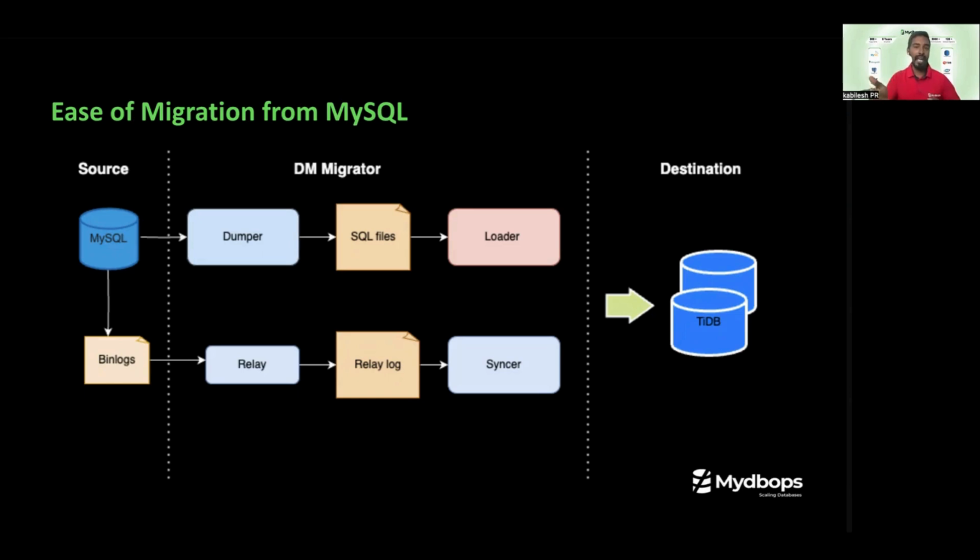TiDB can directly act as a replica for your current MySQL. TiDB provides DM, the Data Migration toolkit, which is available in open source. You can define a task. The task contains the source, your MySQL, and your destination, TiDB. You create a task file and you start the migration. This is the flow of migration.